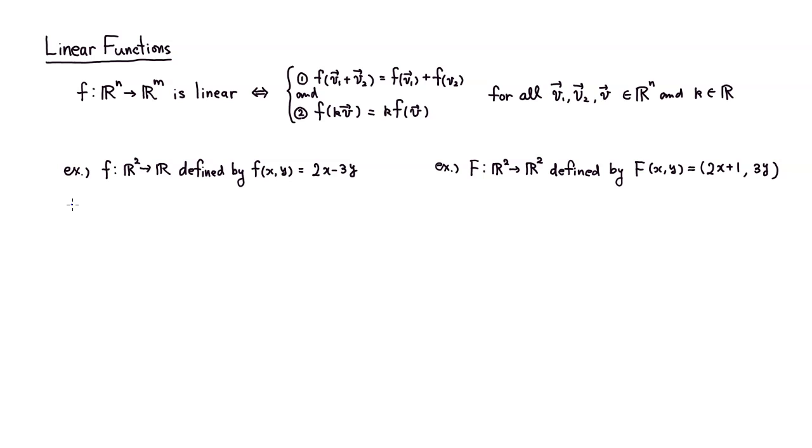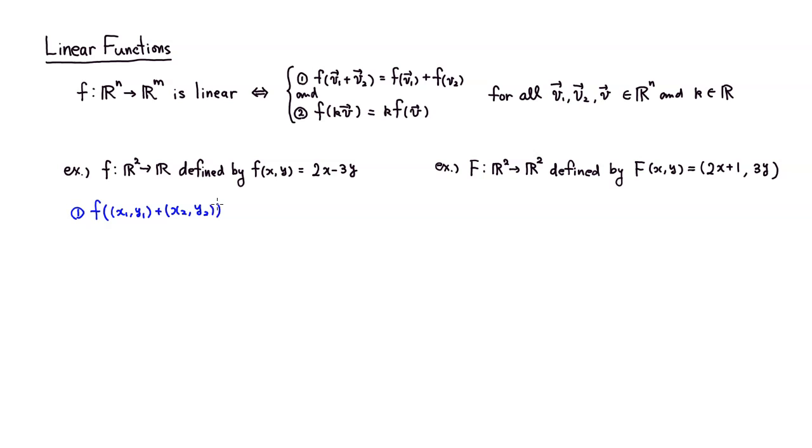All right, so let's look at the first condition. I have two vectors. I'm going to call the first vector x1 comma y1, and the second vector would be x2 comma y2.